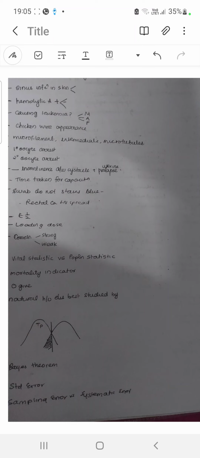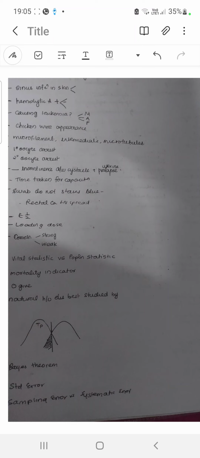Others are population statistics. For mortality indicators, mostly you can identify they are related to death, but sometimes life expectancy and years of life lost, you have to look for that also. Ogive is actually a cumulative frequency polygon, so it will always be rising up. OMG, God is above, so it is going above. Ogive. Natural history of disease is best studied by longitudinal study.